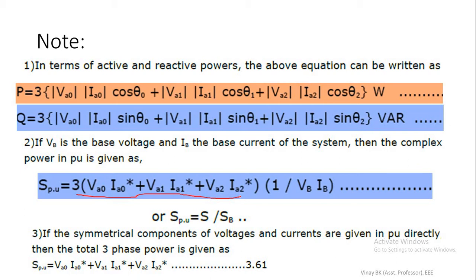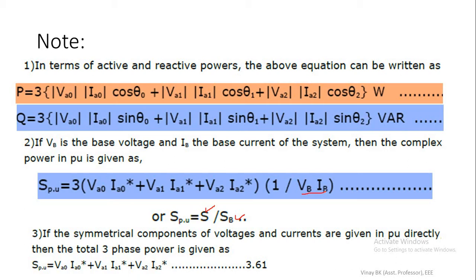That actual complex power divided by the base complex power, which is VB into IB. So per unit is written as S divided by S base, the actual value of complex power divided by the base value, whereas the base value of complex power is given by VB into IB.